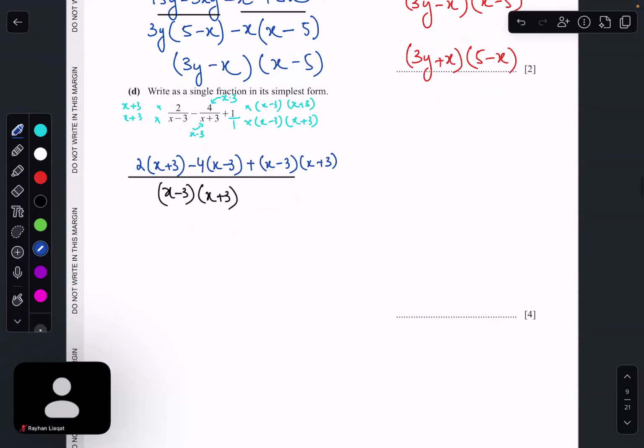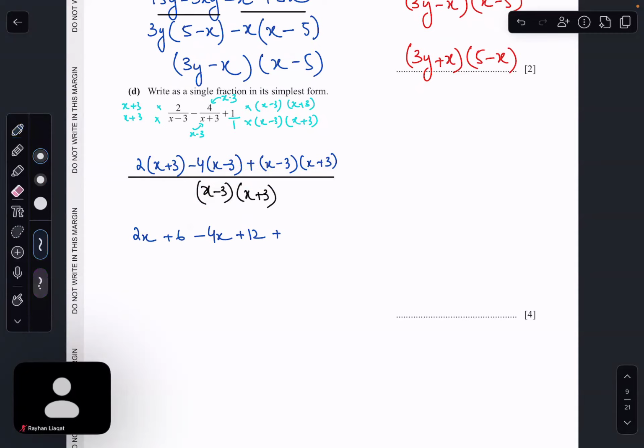Okay. So it's an expression, not an equation. Don't try to solve it like finding the value of x. That is not possible. So we have 2x plus 6 minus 4x plus 12 plus x squared.